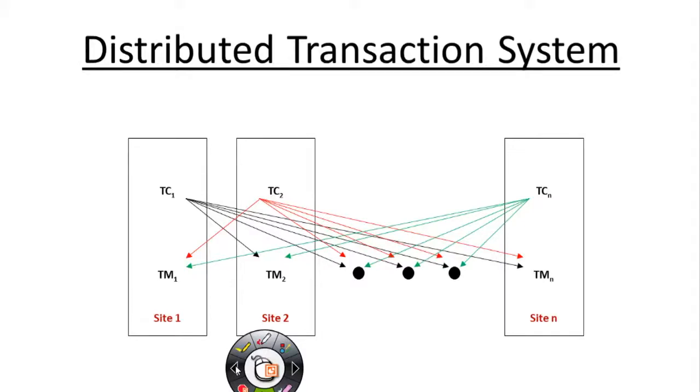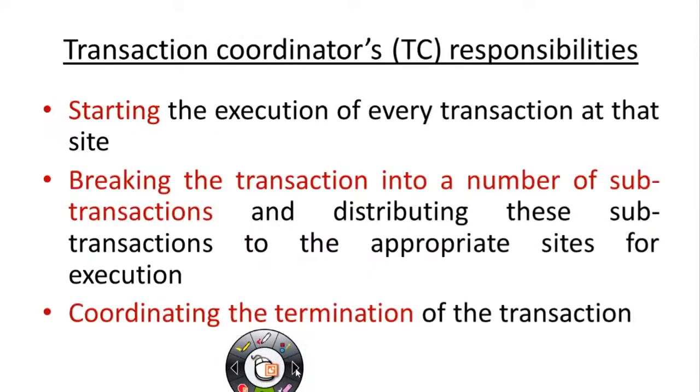The transaction coordinator of site 1 is going to talk to the transaction manager of site 2 and the transaction manager of site 3, to process the data, collect the processed data and compile it, and give it to the end user who has raised the request. So these are the responsibilities of the transaction coordinator.